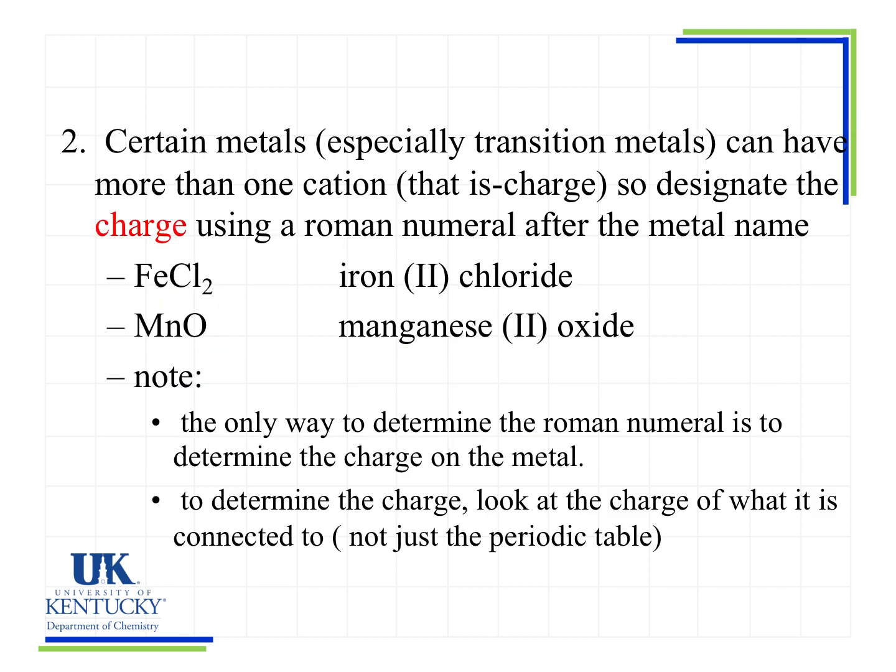So the other thing we have to add for naming ionic compounds is that some metals, especially in the transition metals, can have more than one cation. We know that group 1 and group 2 always make +1 and +2 charges.